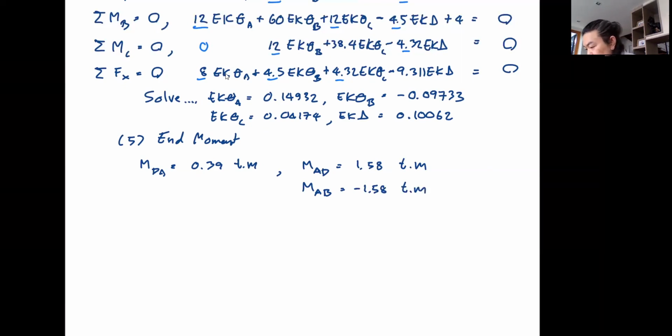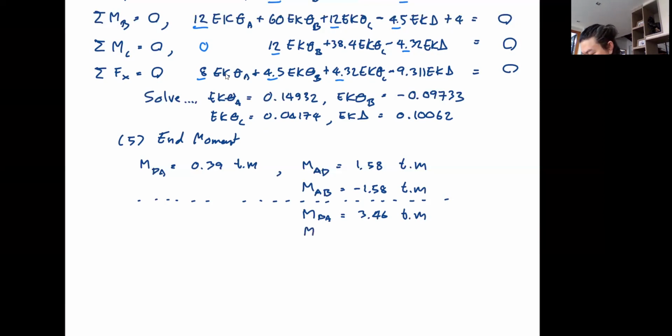Now let's move on to the next. You may want to look at the opposite of MAB, that's MBA. MBA is 3.46 ton-meter. Now MBA, you're going to have to compare this with say MBE and MBC, right?